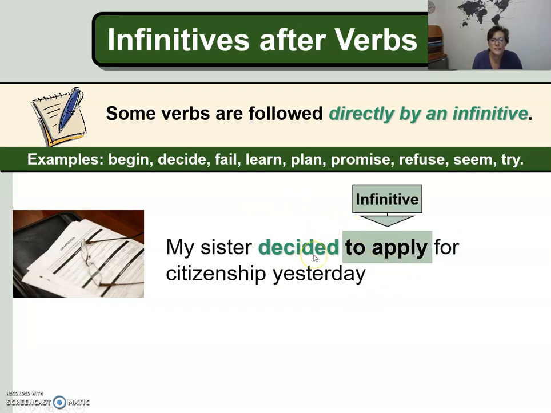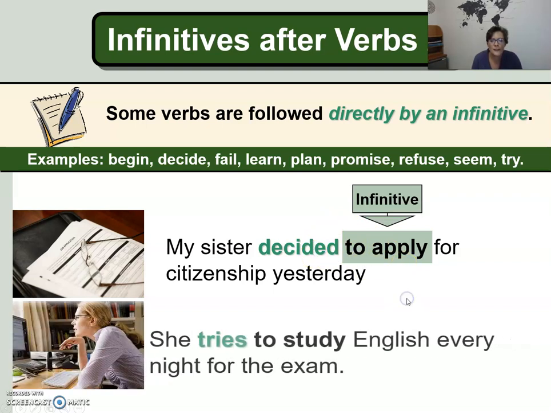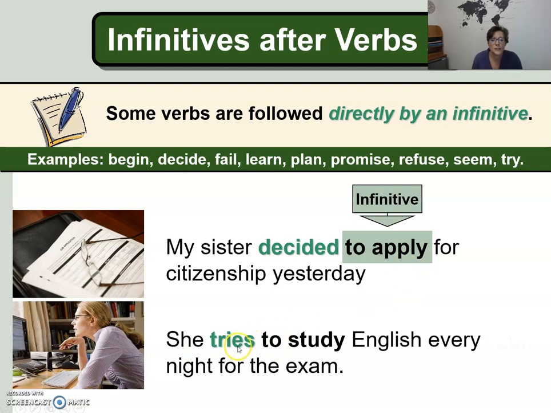So notice that decide always takes an infinitive. Here's another example. She tries to study English every night for the exam. Notice that decide and try are both verbs that will take infinitive forms after them.